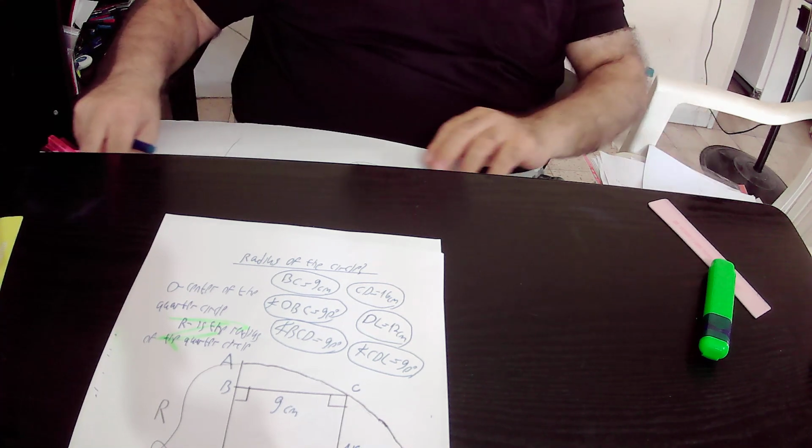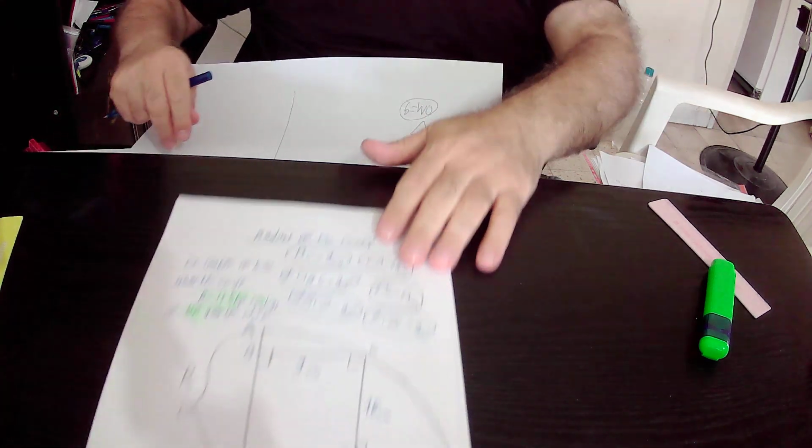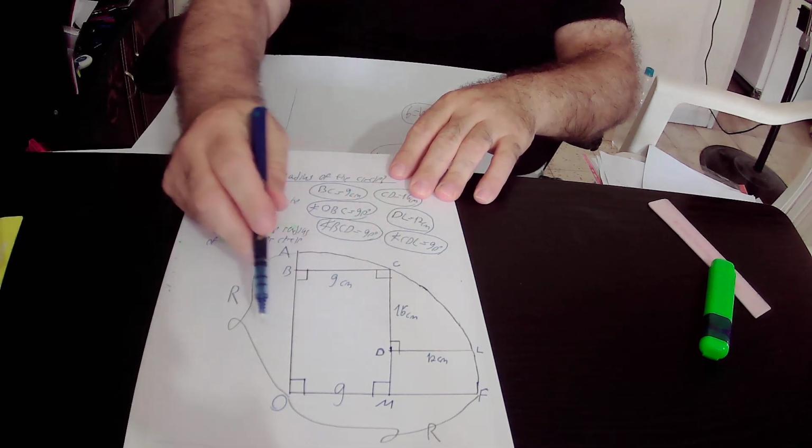In our drawing, we know that side OF is a straight line.